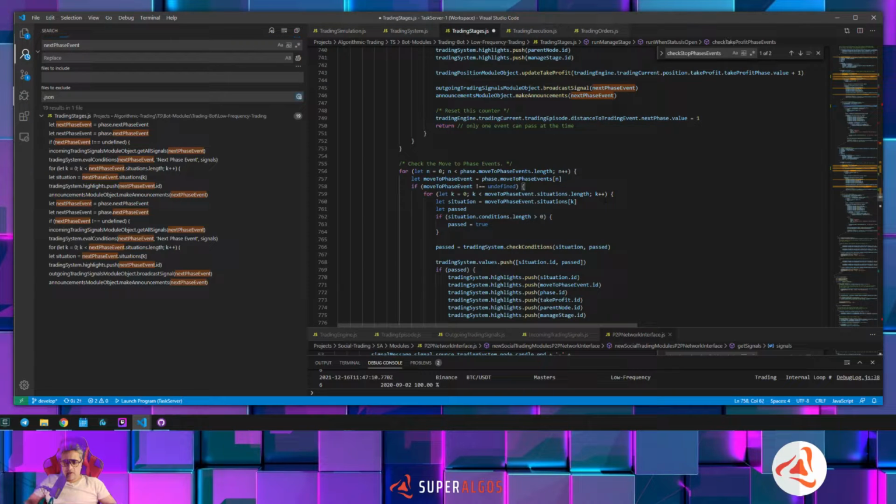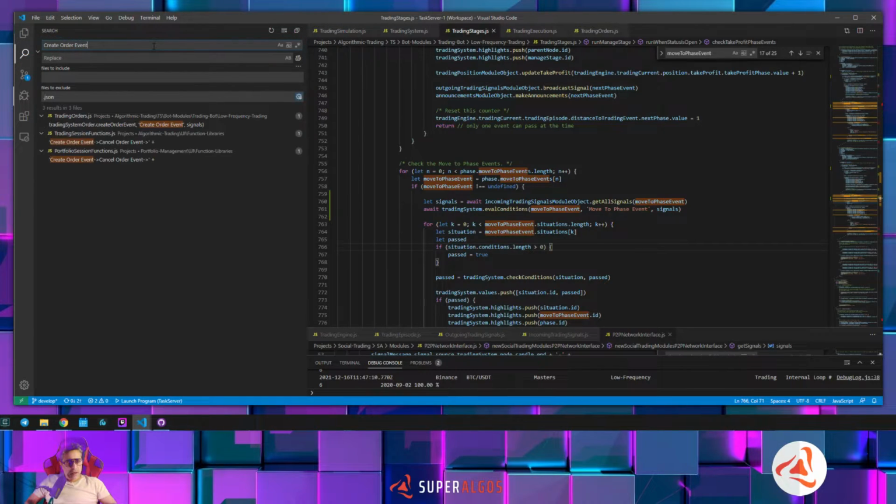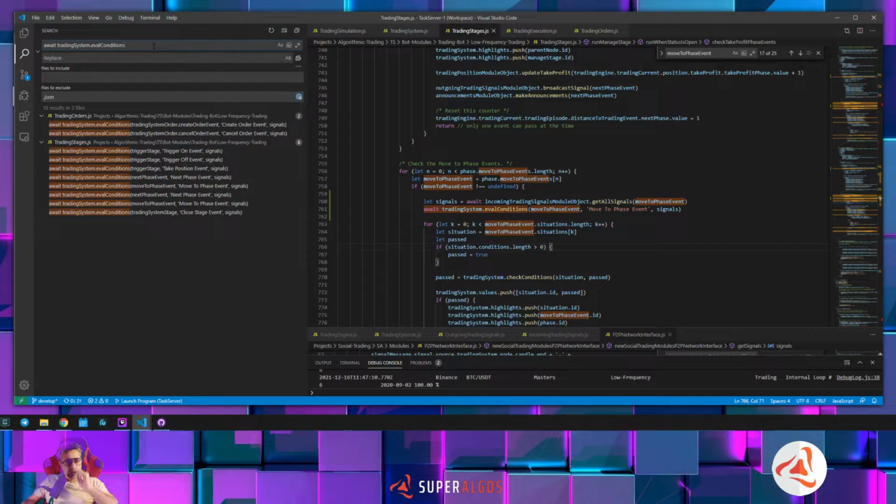If it's not undefined, then we will get the signals for the move to phase event, and we pass the signals. Well, I can see we are good now, because now every eval condition is done with the signals, retrieving the signals.